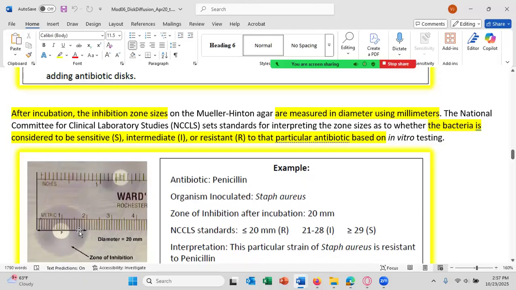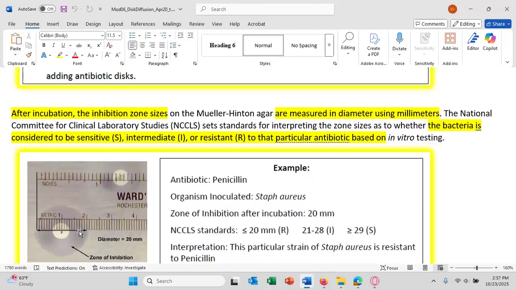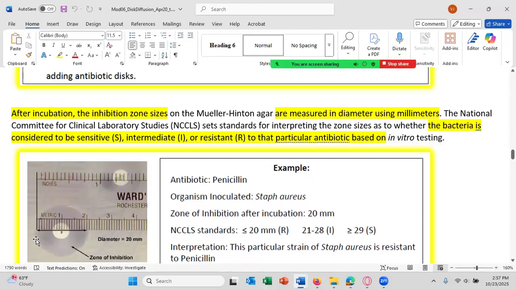And then the bacteria is considered to be sensitive, intermediate, or resistant to that antibiotic when you compare the diameter to the table set up by the NCCLS, which is the National Committee for Clinical Laboratory Standards, discussing what is the sensitive size and what is the resistant size of this bacteria species to this antibiotic.